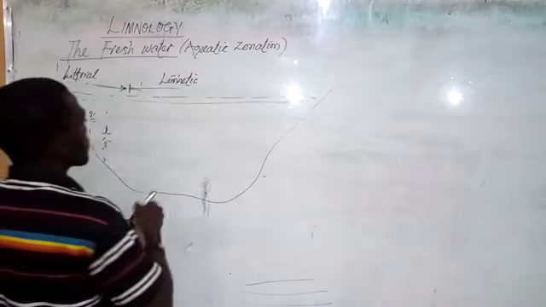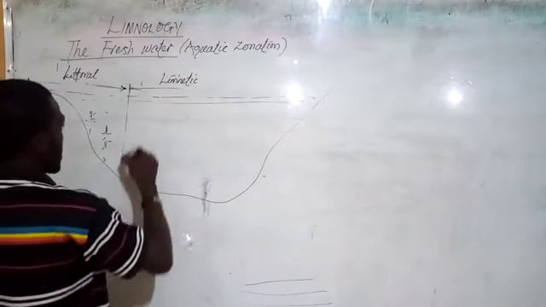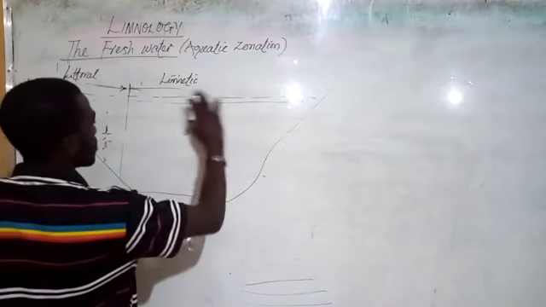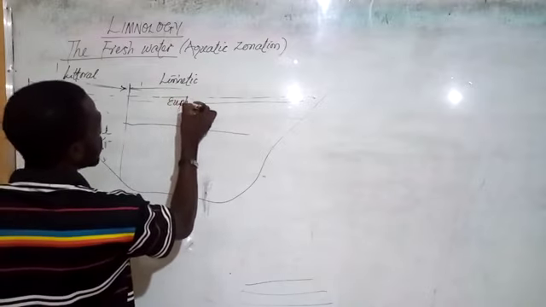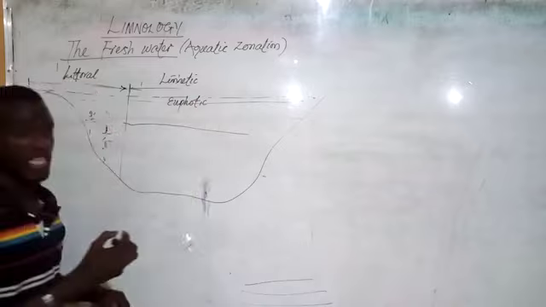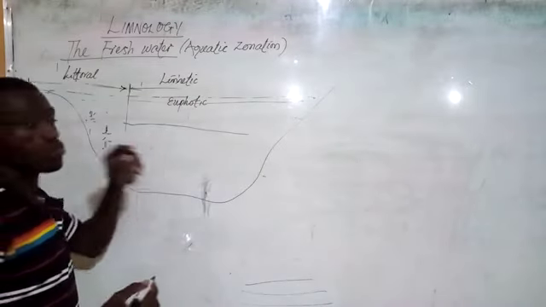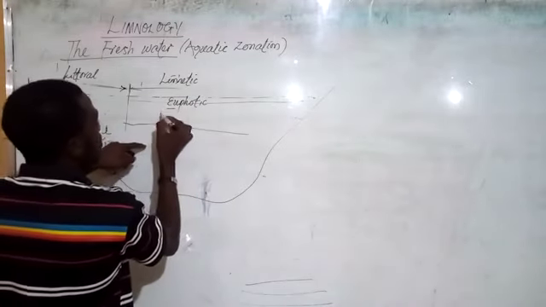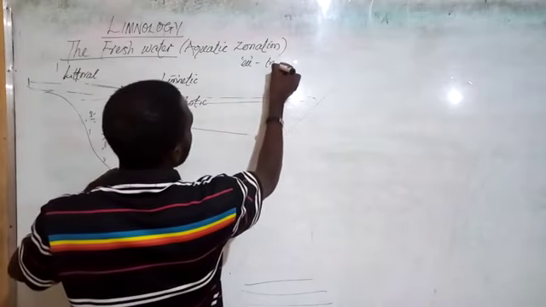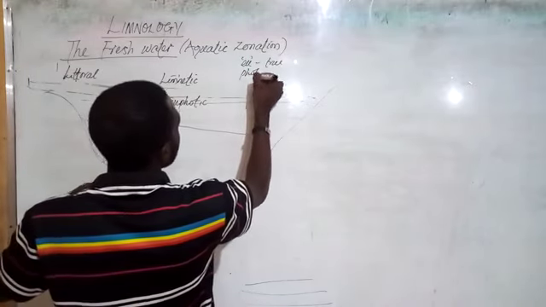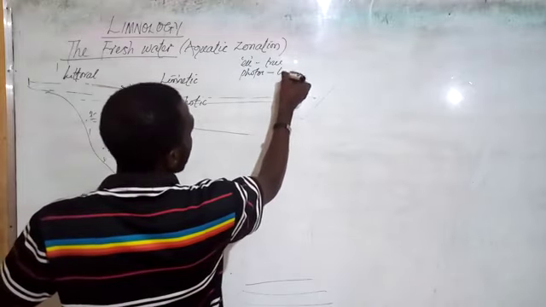Now, the zone around here, any zone above this, is called the euphotic zone. Euphotic is gotten from two Greek words, eu, which means true, and photic, which is gotten from the word photos, which means light.